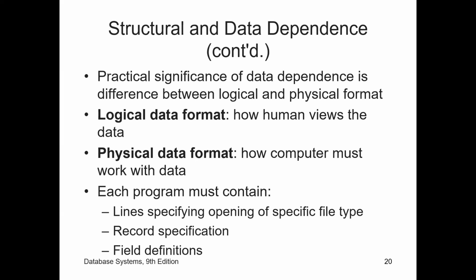Consequently, each program must contain lines to specify the opening of a specific file type, its record specification, and its field definition. Data dependence makes the file system extremely cumbersome from the point of view of a programmer and database manager.